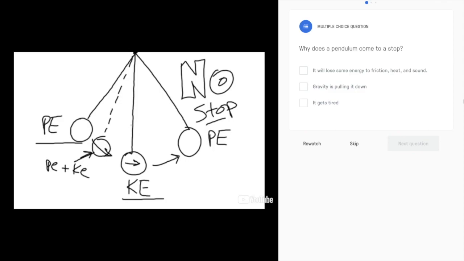Why does a pendulum come to a stop? It will lose some energy to friction, heat, and sound. Gravity is pulling it down. It gets tired. Did you say that the correct answer is it will lose some energy to friction, heat, and sound? Let me check that for you.